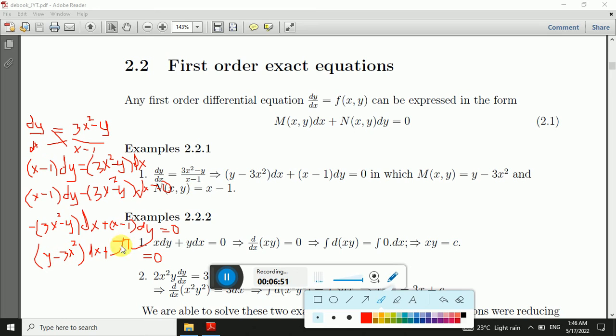Let's compare this with our original form. That means M of x,y is y minus 3x squared, and N of x,y will be equal to x minus 1. So this was the first order differential equation, and we've been able to manipulate it so that we get this form.